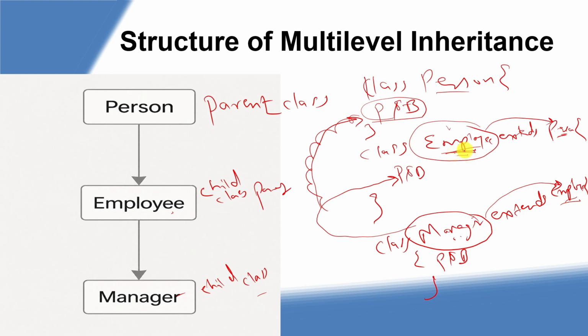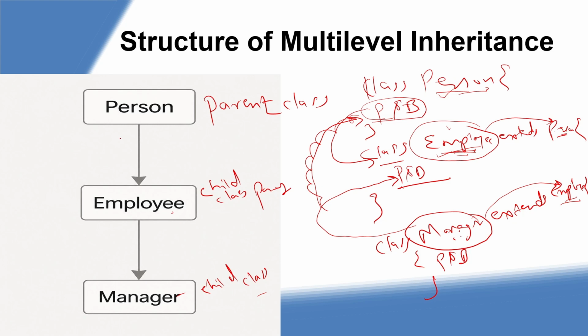Employee already has the properties and behavior of the Person class, in addition to its own. So these automatically reside here. We don't need to define them, but we can access them. So Manager indirectly has the accessibility of the properties and behavior of Employee and of the Person class.